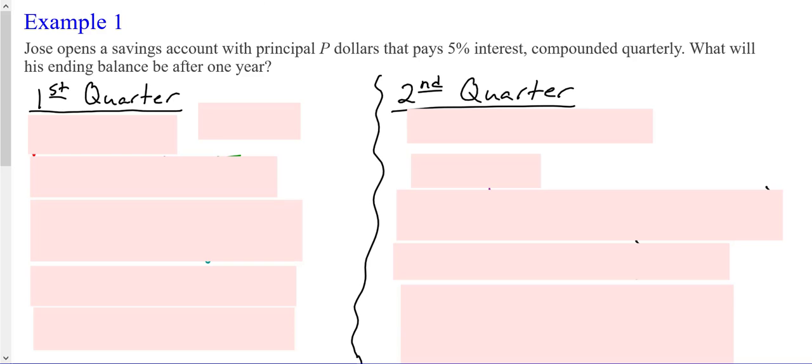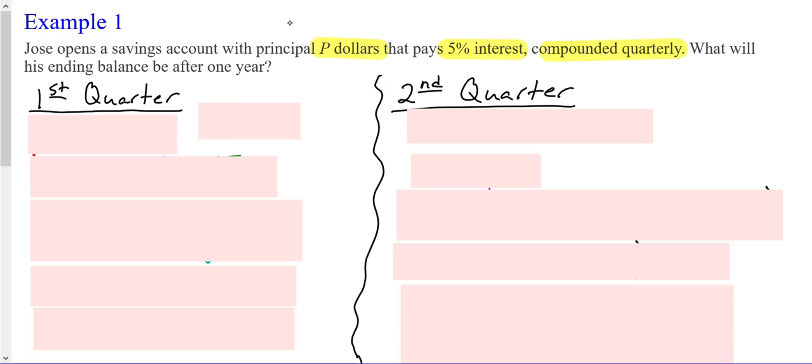So in this first example, Jose opens a savings account with a principal of P dollars that pays 5% interest compounded quarterly. What will his ending balance be after 1 year?